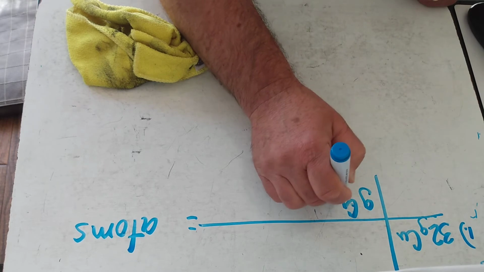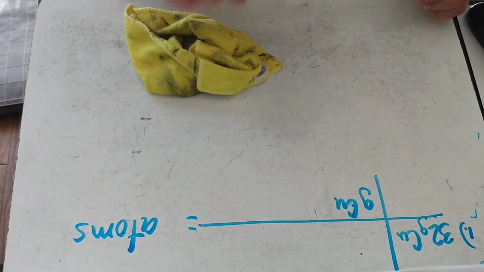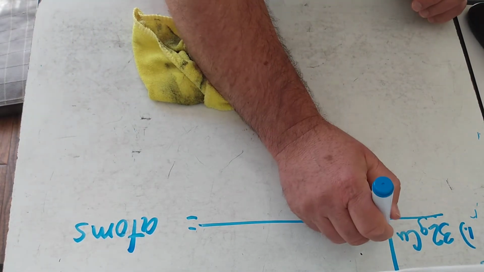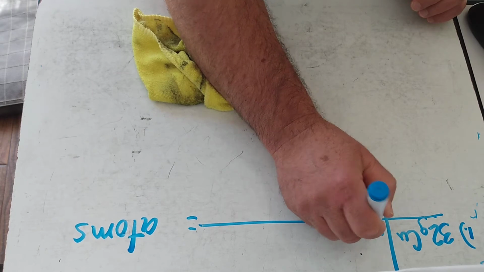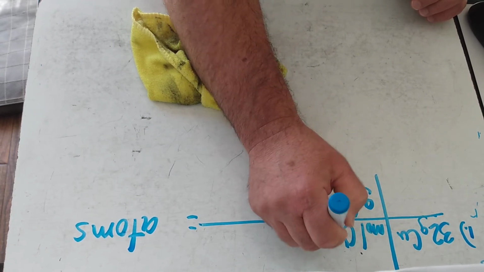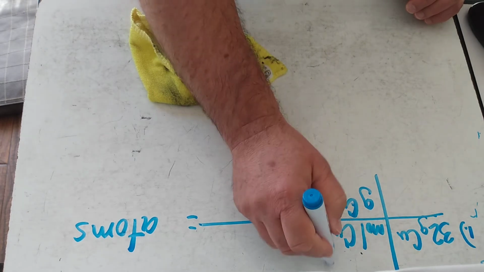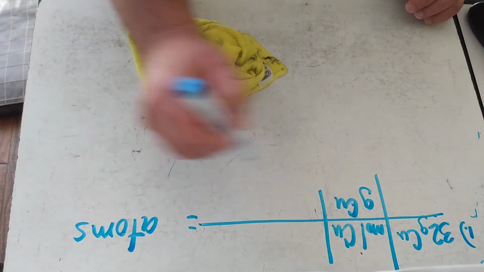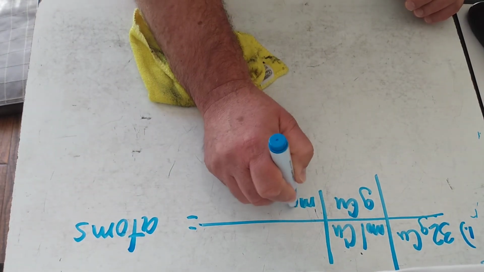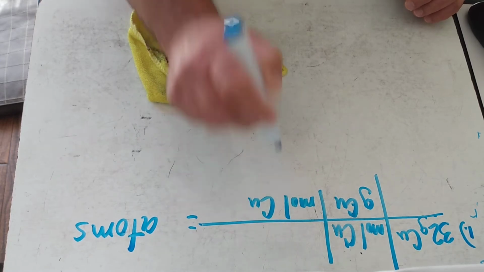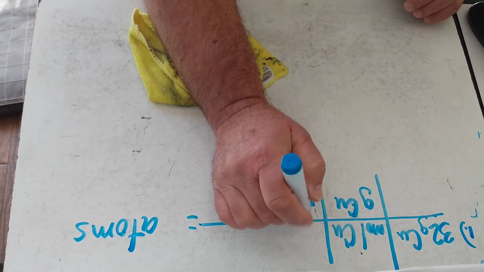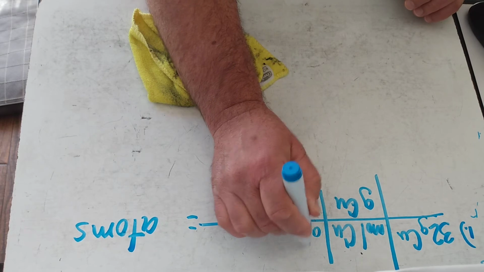Grams copper: we know that so many grams of copper is always going to equal a mole of copper. And we don't want moles of copper, we want atoms, so we put mole copper here.